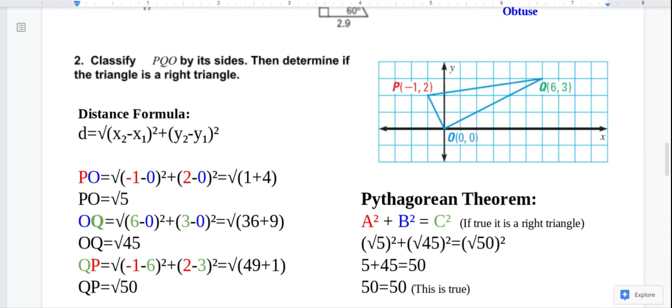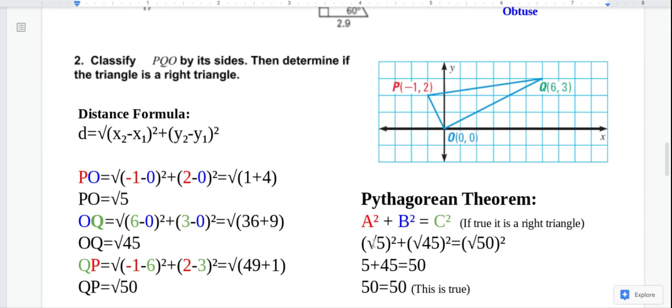Anytime we want to prove a right triangle or find a side length of a right triangle, we use the Pythagorean theorem, which is a squared plus b squared equals c squared. So in this case, we know a, b, and c, but we want to know if it's a right triangle or not. If it comes out true, it is a right triangle.